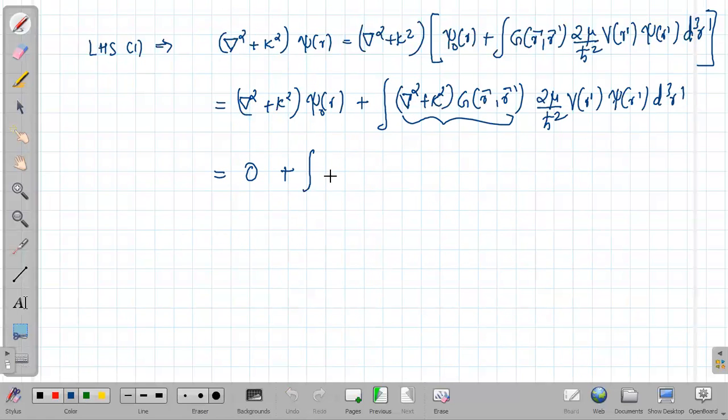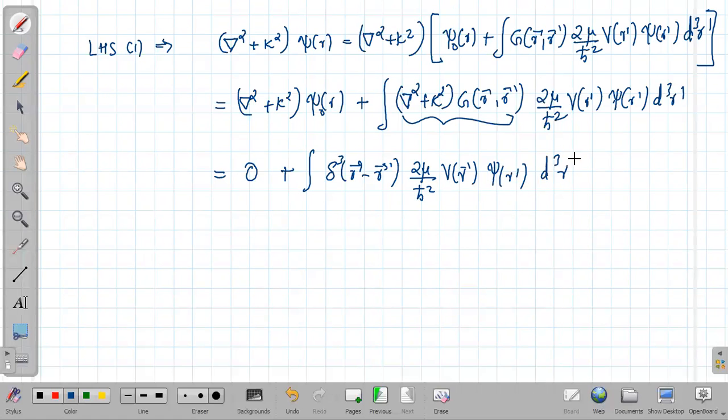So this is the integral of the Dirac delta function, r minus r prime, times 2 mu by h bar square v of r prime psi of r prime d cube r prime. Okay, so I have to integrate over r prime.